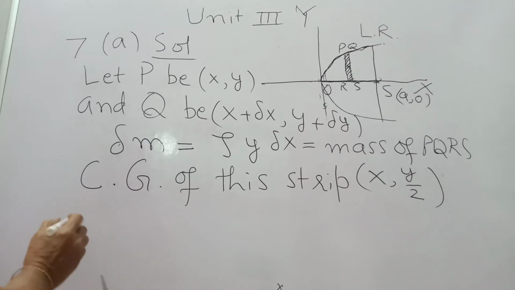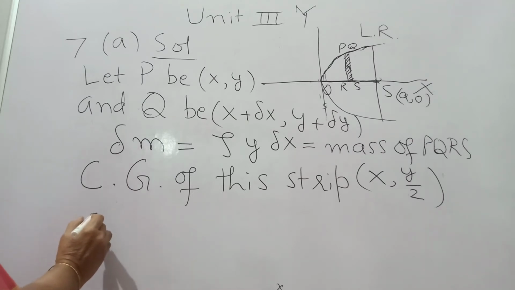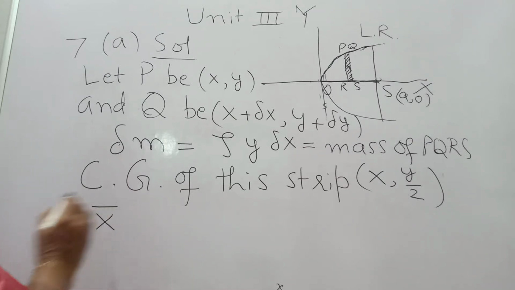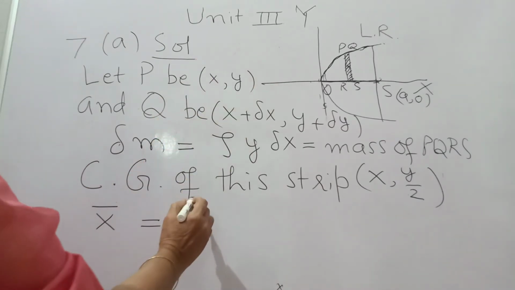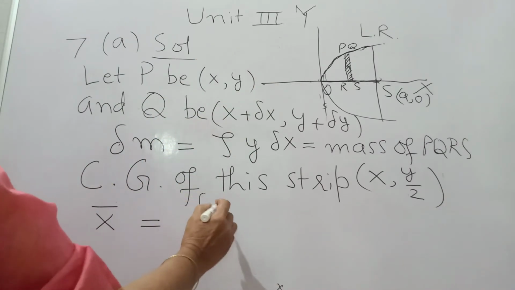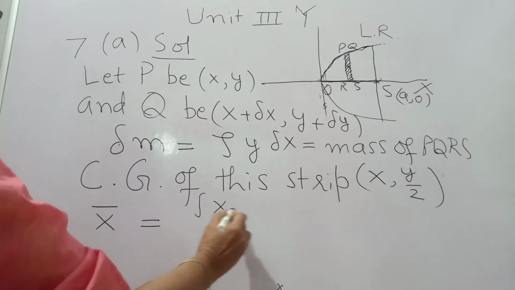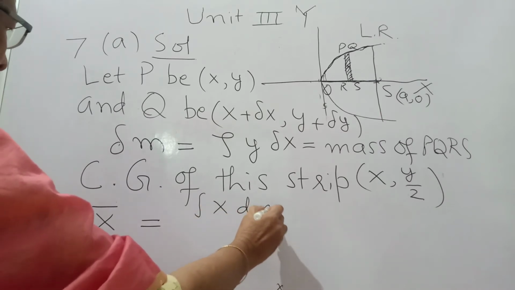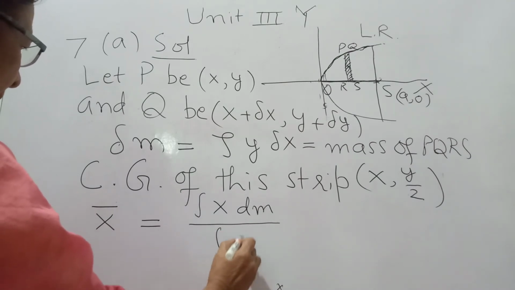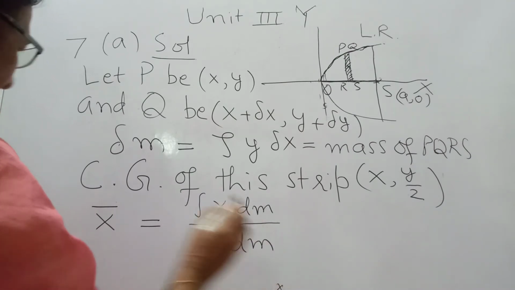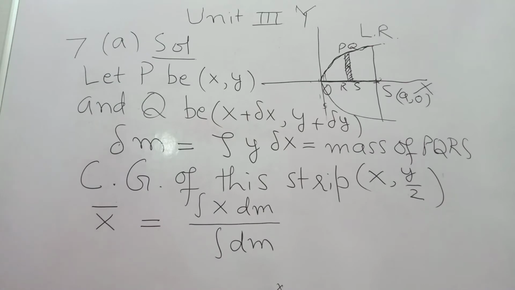Now the x bar, what is x bar? The center of gravity of this whole area will be integral x dm divided by integral dm. This is the formula I have to use. Okay.